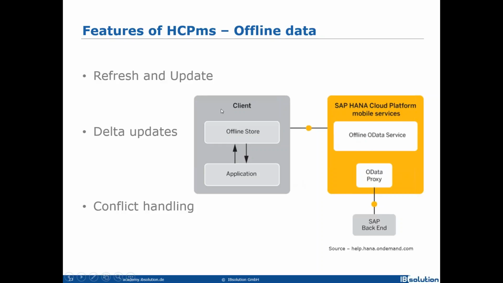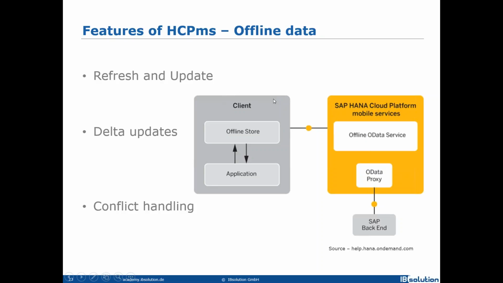Also, when the client has made some changes on the data while being offline, if there are any conflicts, they will be detected by the HCPMS, and the user will be notified.